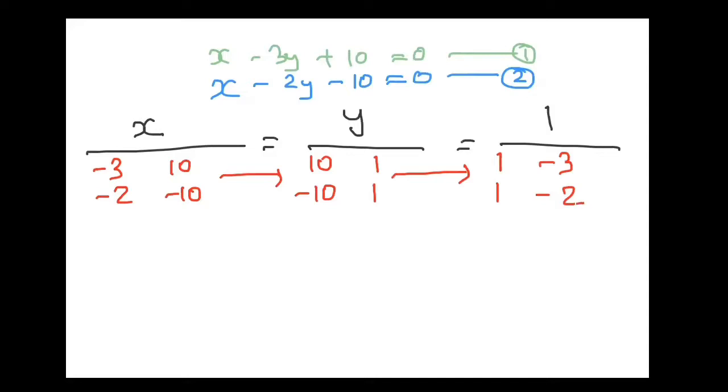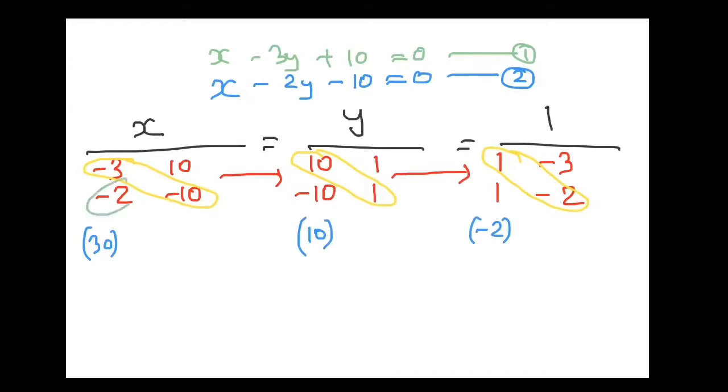Now cross multiply. First from top left to bottom right. That will give us 30, 10 and -2. Then take the other cross multiplications.